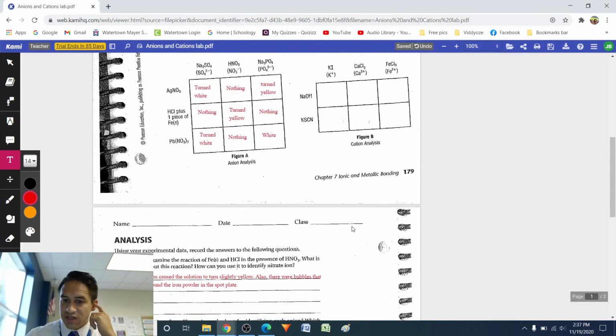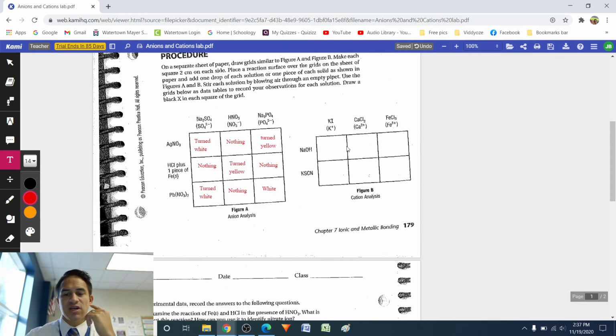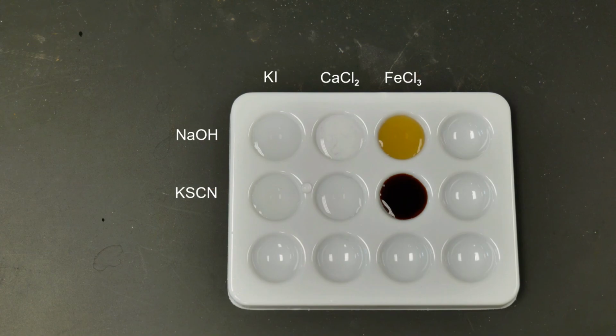For figure B, okay, so again, same thing here for figure B. We are identifying the potassium ion from the potassium iodide, the calcium ion from the calcium chloride, and the iron 3 ion from the iron 3 chloride. Okay, so in these ones, again, you need to look at your data. But in our video, I believe this first one, we had nothing happen.